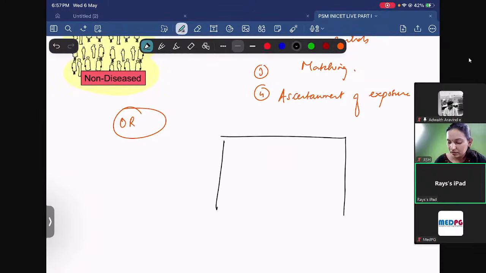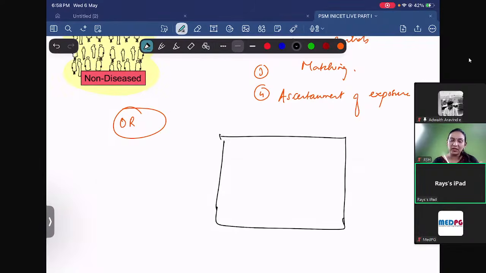See, from epidemiology, basically on study designs, two types of questions can be asked. One is they can ask you about the facts about the study design itself. The examiner will give you a scenario and ask which study design we're talking about, or which is the best study design for this particular scenario. That is one. The second type of questions is direct numericals.